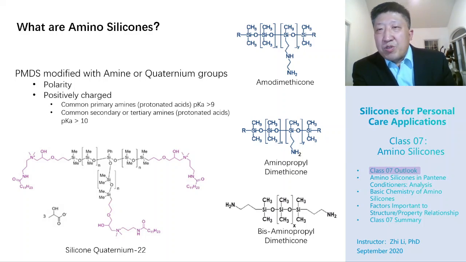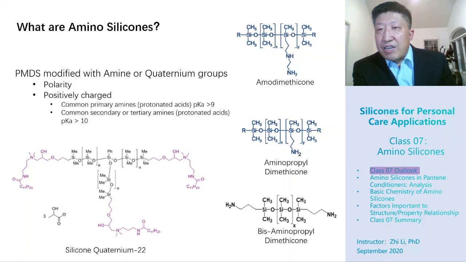What are the amino groups and what are the structures? We're going to talk about some basic chemistries later on about aminosilicone. But before that, I want to show some of the chemical structures of the aminosilicones we're going to talk about. For example, on the right top, we see the most common aminosilicone used in personal care industry.